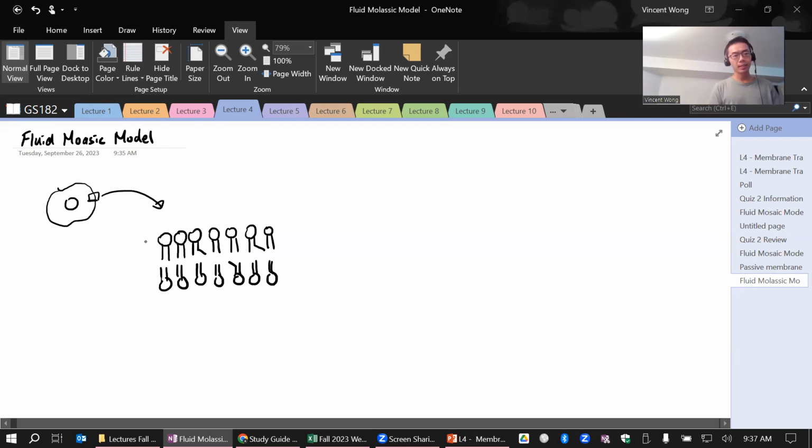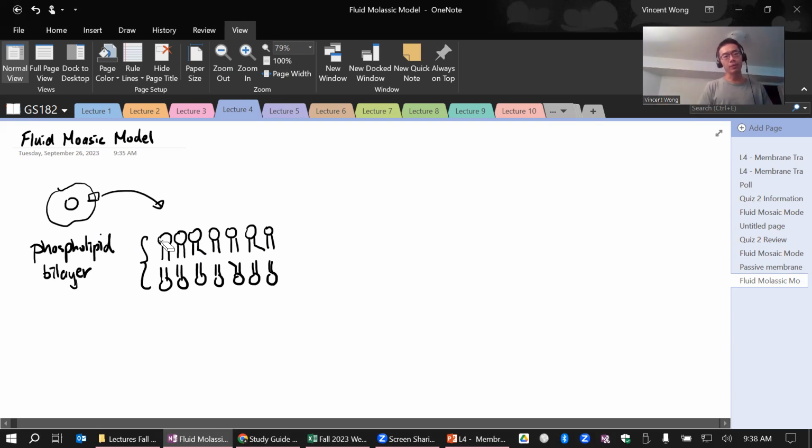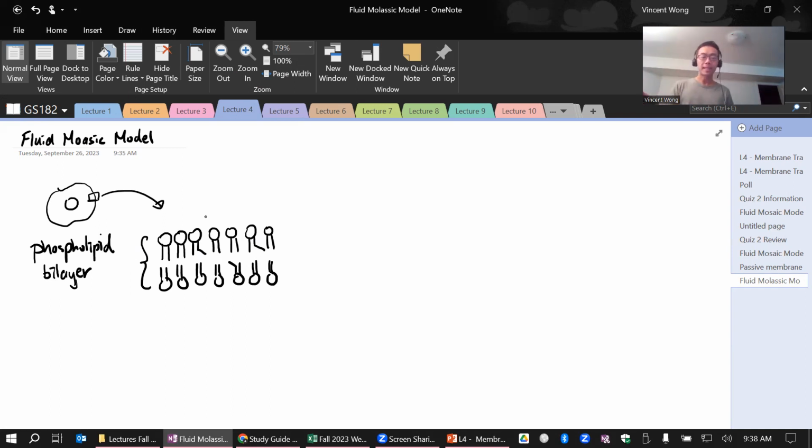So this here is the phospholipid bilayer. It has 2 layers, that's why it's called a bilayer. It's made up of phospholipids. And you should know by now that this is the hydrophilic head, and sandwiched in between are the hydrophobic tails, right?